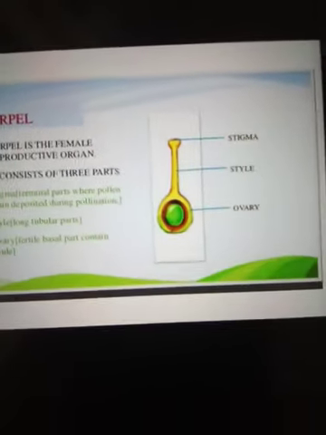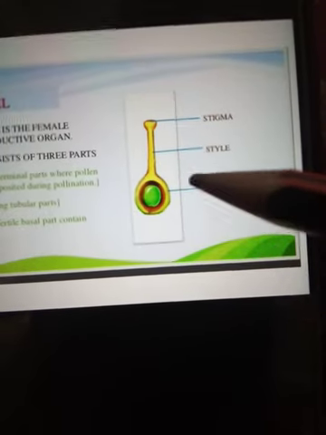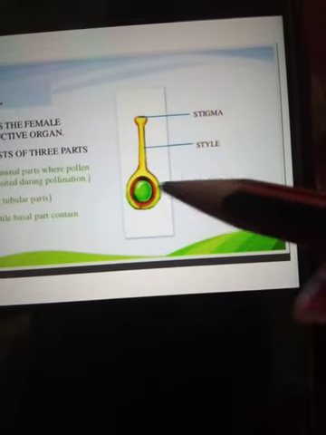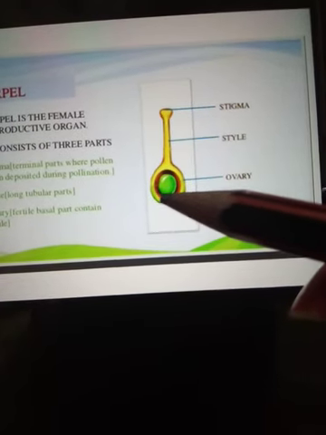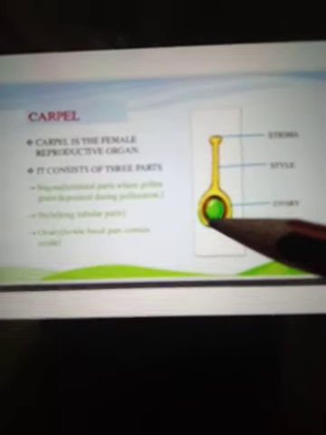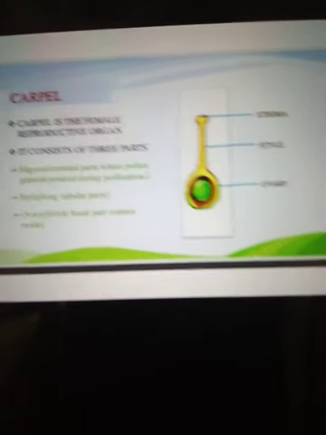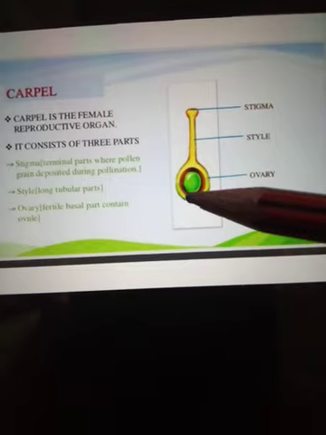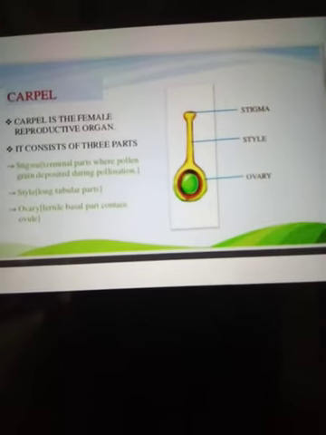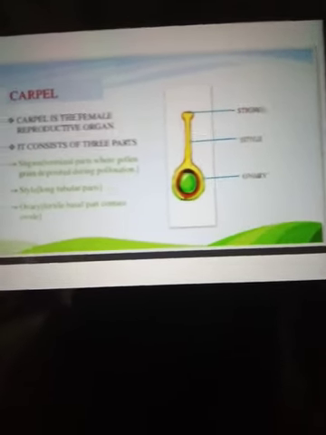So stigma, then style, this neck-like structure is called as style, and this one comes as the ovary. Inside that ovule is present, and here only the fertilization takes place. Ovary is the main part inside which ovule is present, and this is the basic place for fertilization.